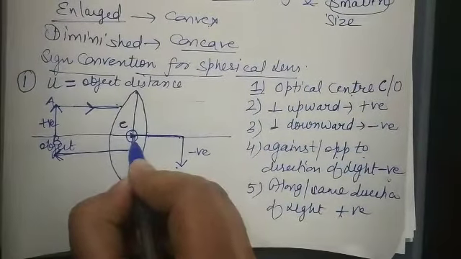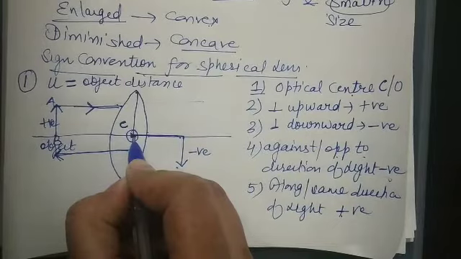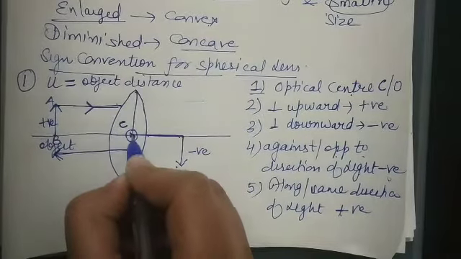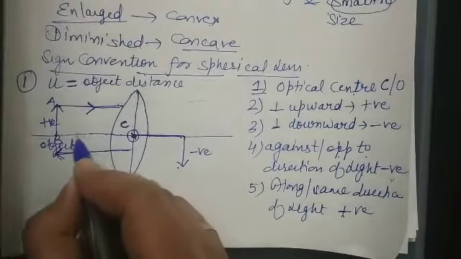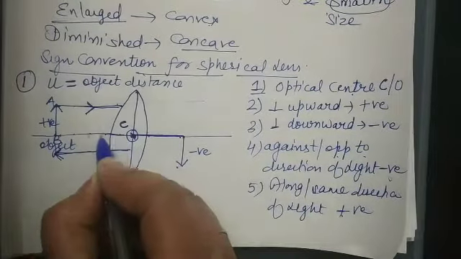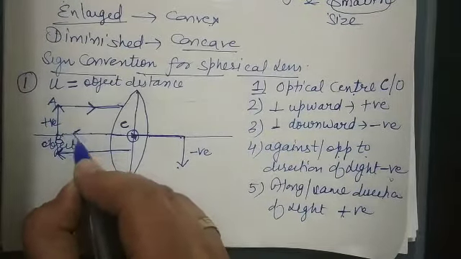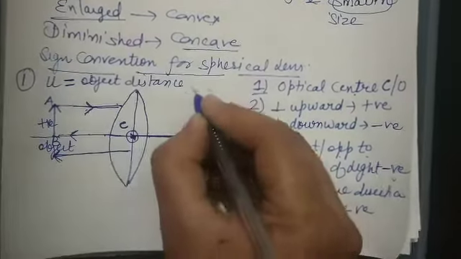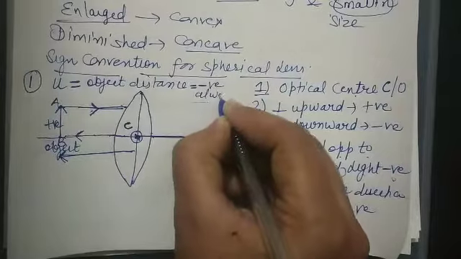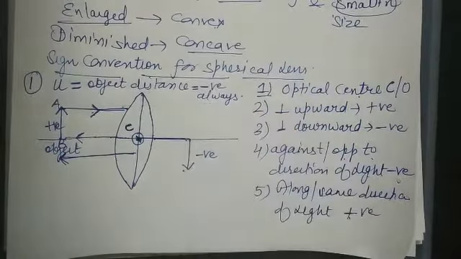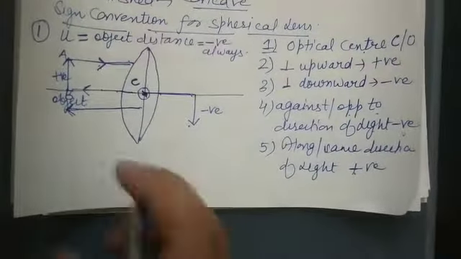We have to start from C. When we want to measure the object distance, we have to move along this direction, in the opposite direction of light, so it is taken as negative. So U is always negative.